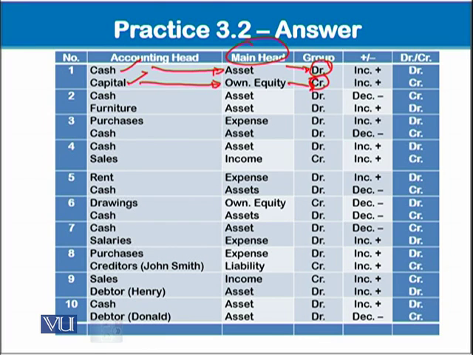And now apply the rule of analyzing debit and credit, that if there is an increase in debit group, it should be debited.